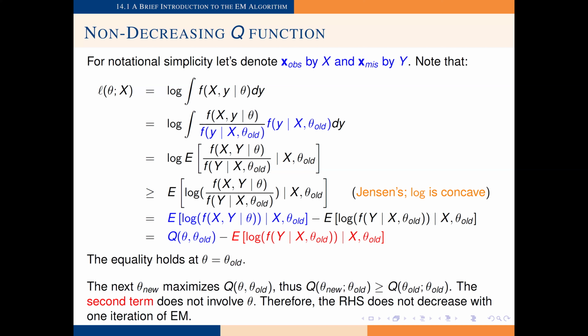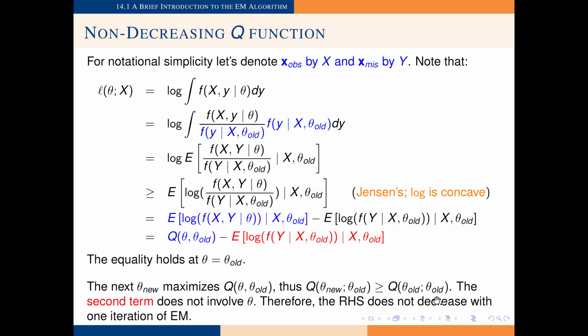Let's recall that in the EM algorithm, in each step, we first find the Q function, and then we look for theta that makes Q as large as possible, right? What that means is that the theta new, which maximizes the Q function, is bound to be greater than or equal to Q evaluated at any other possible theta, and one of them is Q calculated at theta old, right?